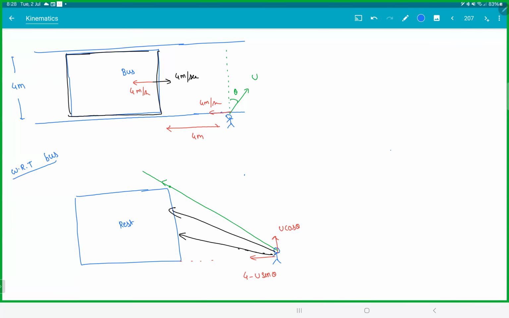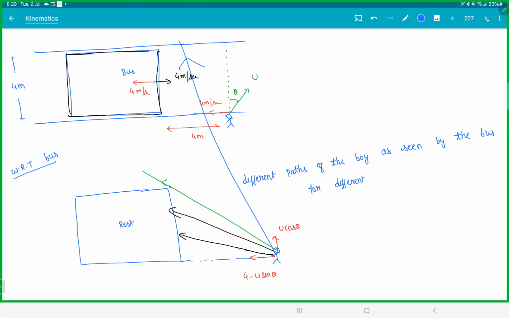So these are different paths of the boy. Meaning, if you go with different speeds, if u is 0, what will happen? If the boy is not moving, the bus will just come and hit him. So these are different paths of the boy as seen by the driver for different speeds of u. If he runs really fast, the path will look like this.